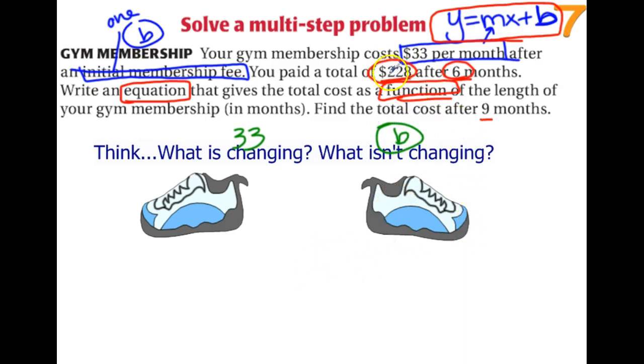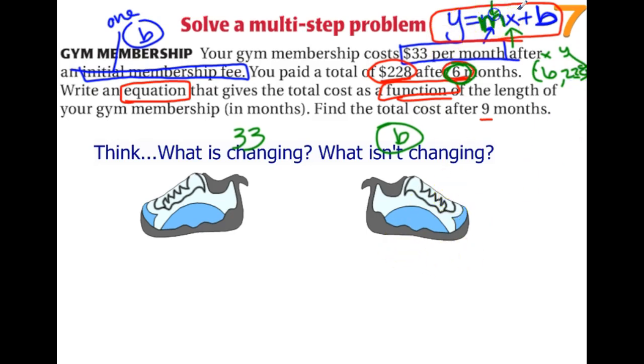So this information that they give us right here, 228 after 6 months, we know that the 33 per month is our slope. Well, aren't we multiplying our slope by the number of months? So this information is really given to us as a point, and our 6 is the number of months that we'd plug in for x. So in terms of x and y, x would be 6, and 228 would be our total cost that we get out in the end.